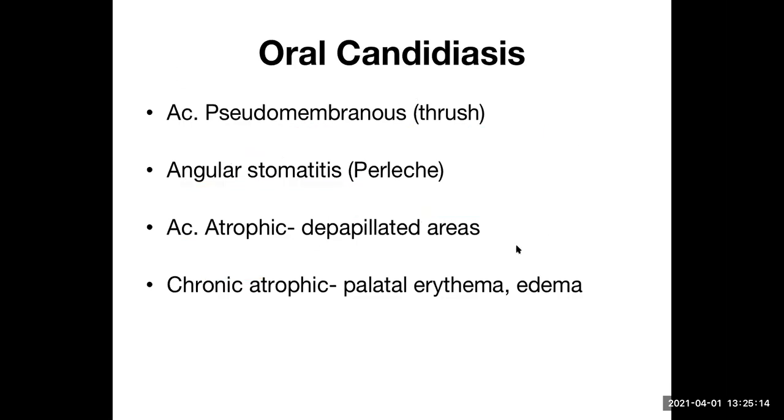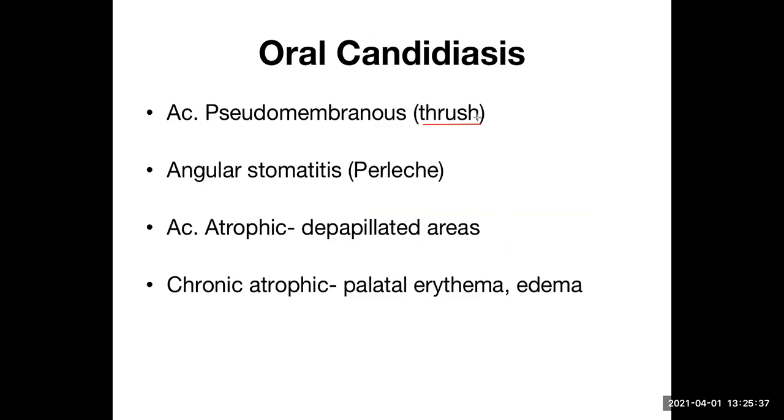Now let's talk about oral candidiasis. There are different forms of oral candidiasis. The acute pseudomembranous oral candidiasis is called oral thrush. Oral thrush is a very common term in clinical practice. It means oral candidiasis in an acute condition.